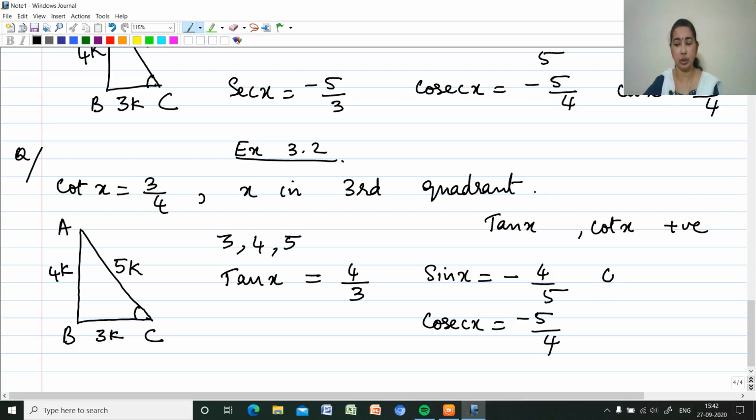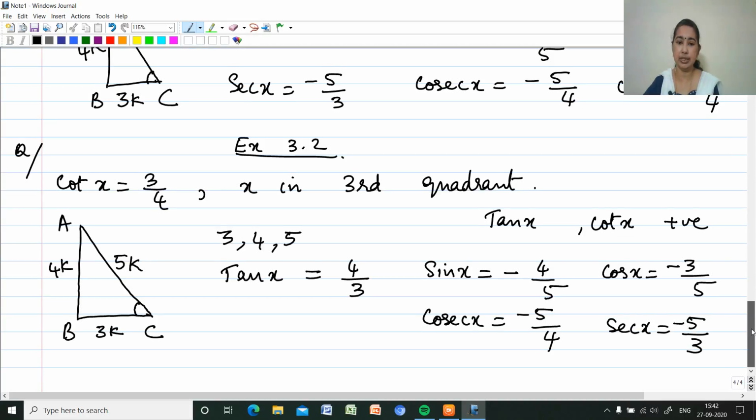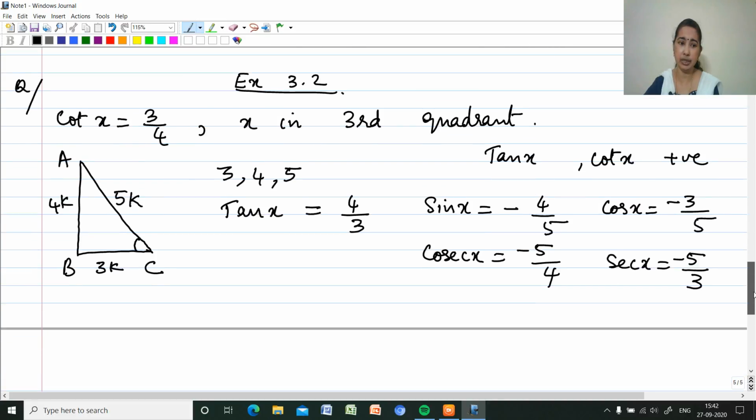Then cos x is equal to minus 3 by 5 and sec x is equal to minus 5 by 3. So, all the questions are done in the same way. Either you can go for this one, or you can use the relation which I have given, sin square x plus cos square x is equal to 1, but it will be lengthy.